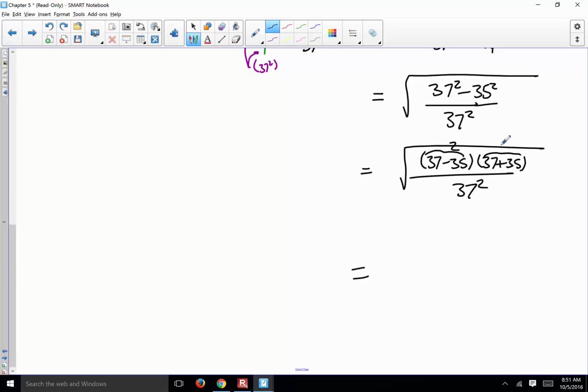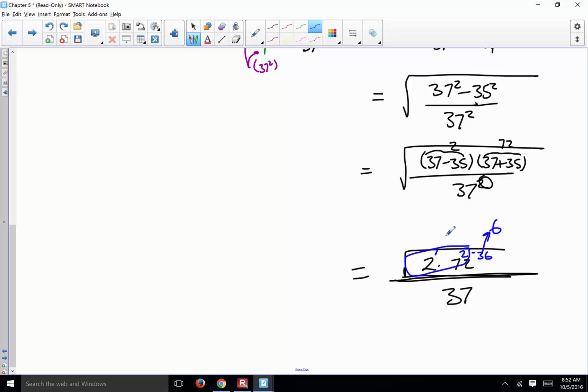This makes 72. 2 times 72 is 144, and I will take 37 out. It has a square, so I'm moving it out. And 72 is 2 times 36. 36 comes out as 6.